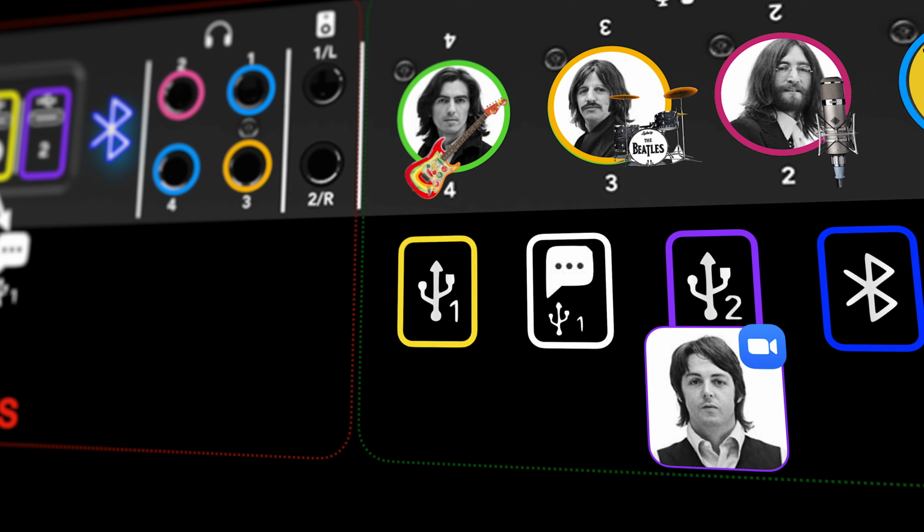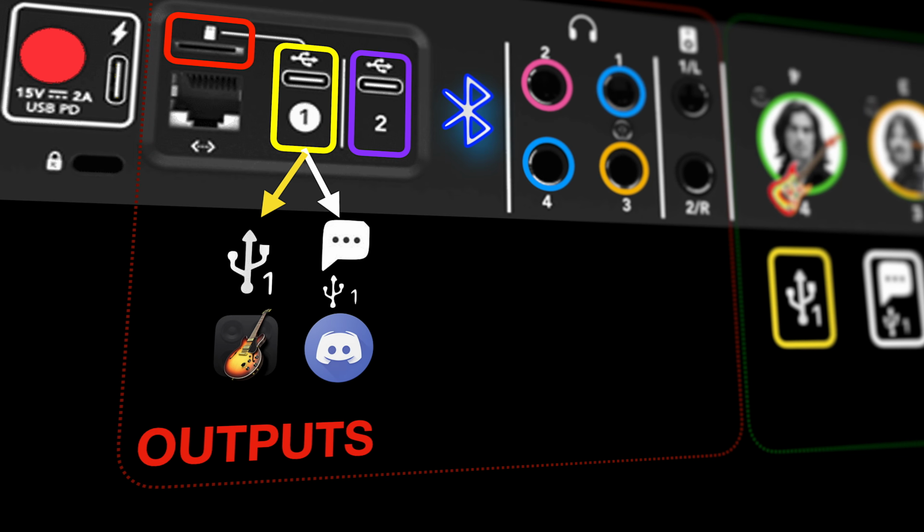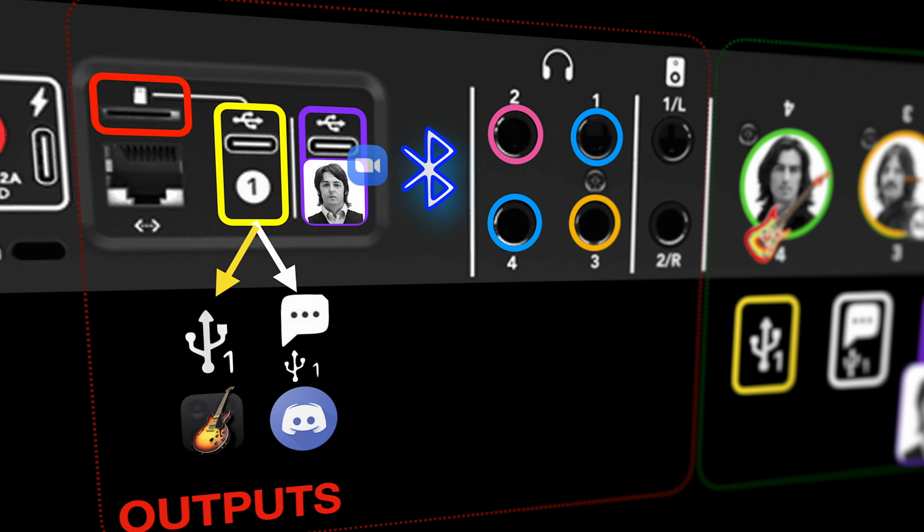Meanwhile, when it comes to the outputs, on USB 1 main, you are sending out the entire mix into your digital audio workstation for recording in multitrack. Security first. On USB 1 chat, you have your Discord community. On USB 2 secondary, that's connected to an iPad, you have Paul McCartney on the Zoom call, Sir Paul McCartney to be precise.